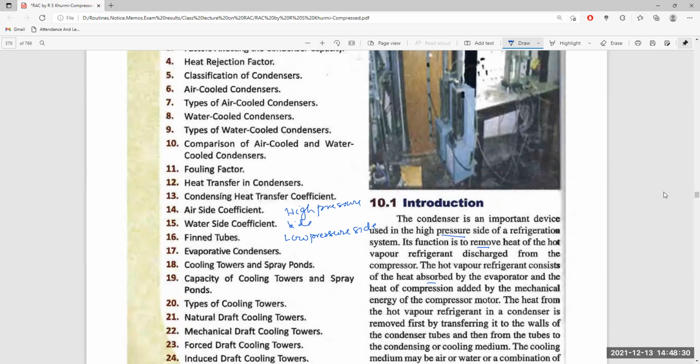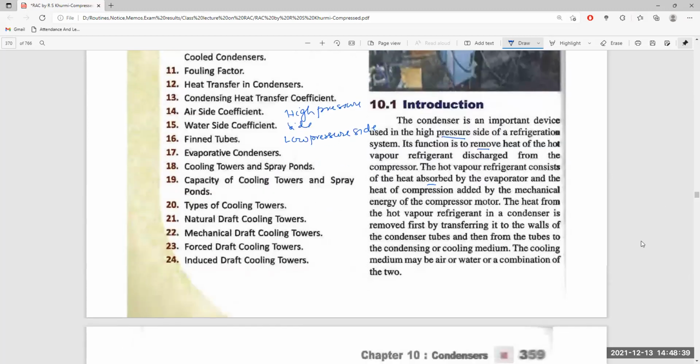Then the heat goes to the surrounding cooling medium, if there is any. The cooling medium may be surrounding air or a water jacket, which sends low temperature water to the surroundings of the condenser and receives high temperature water after removing the heat from the condenser. It can also be just circulating or surrounding air, or a combination of both.